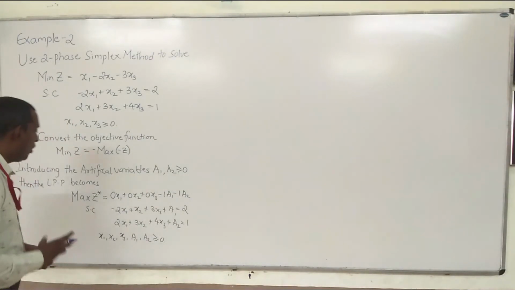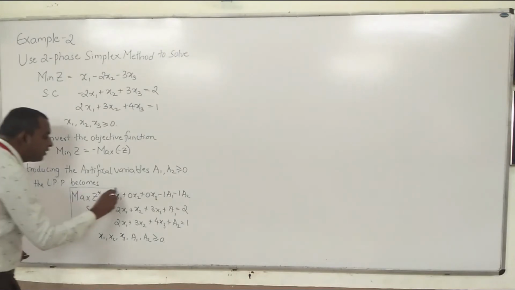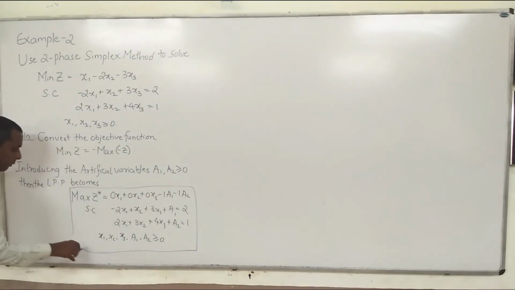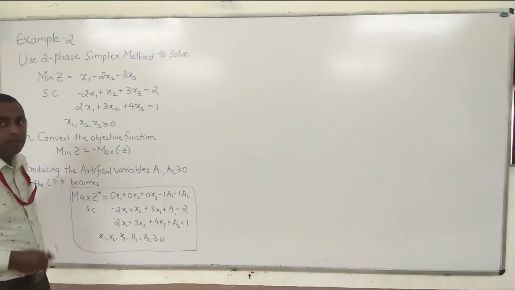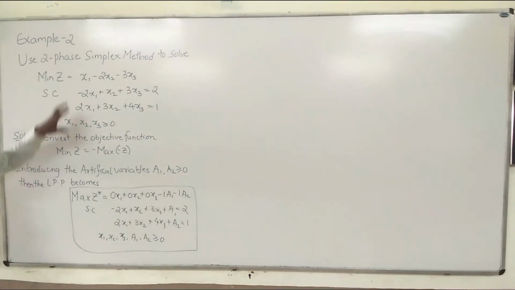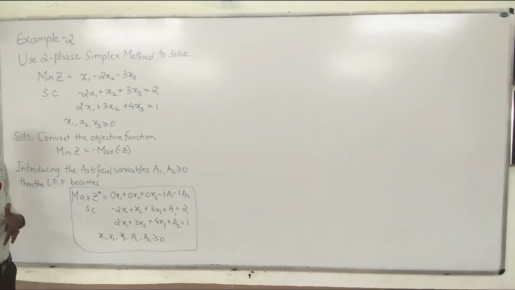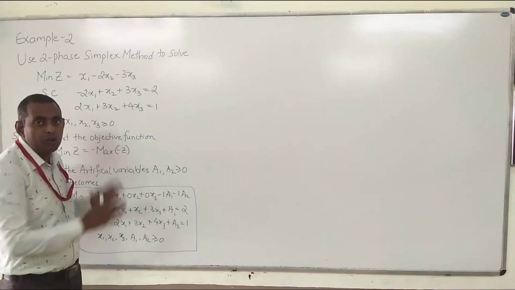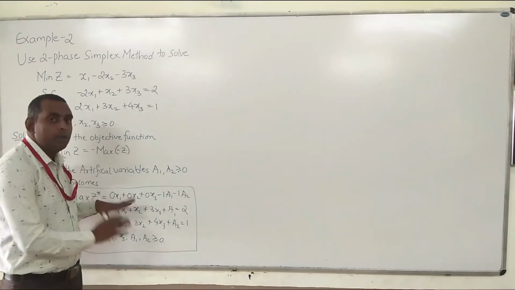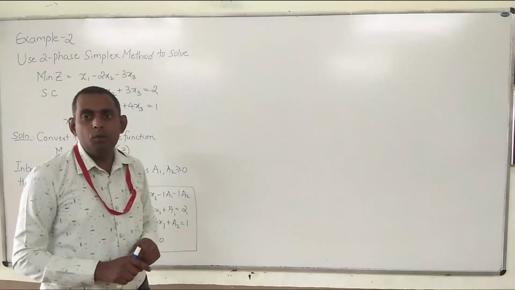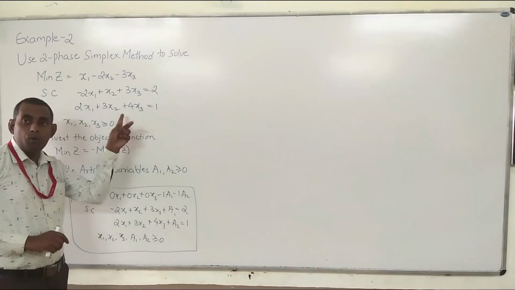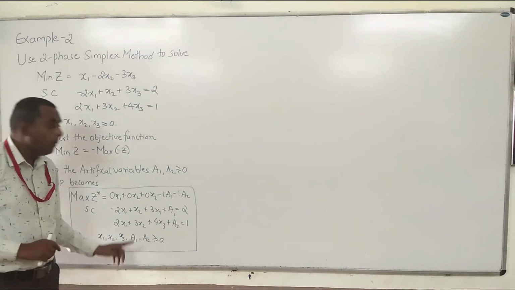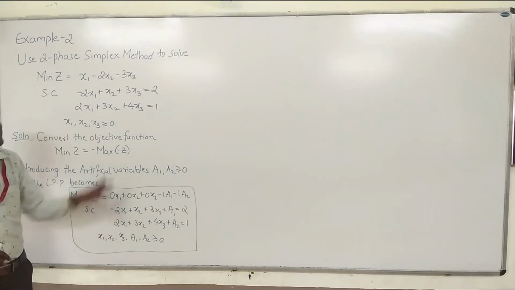Now this is called the auxiliary LPP. The given LPP is not in standard form, so we need to convert it into an auxiliary LPP in the two-phase simplex method by introducing artificial variables in this case.